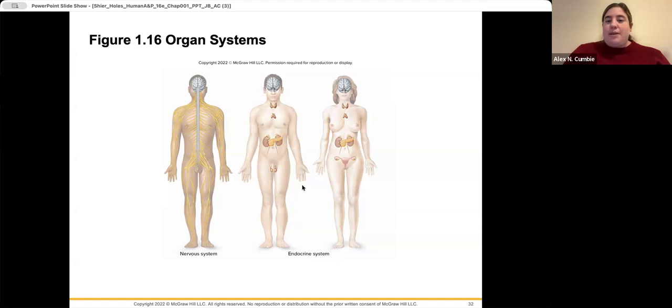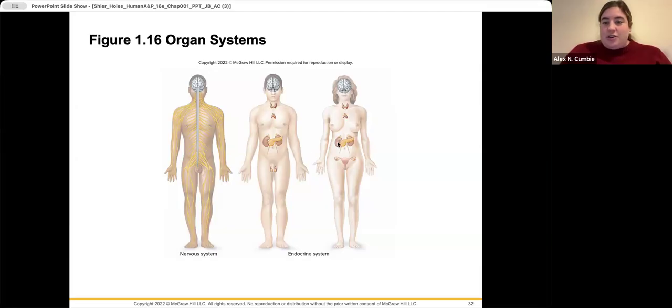For endocrine, we have male and female because your sex organs also provide a function as an endocrine gland. And so we can see we've got lots of endocrine structures here. The brain is part of this. There are parts of the brain that function and produce hormones. We've got the thyroid gland here, a butterfly-shaped gland in the neck. Right around the heart, we have the thymus, another gland.